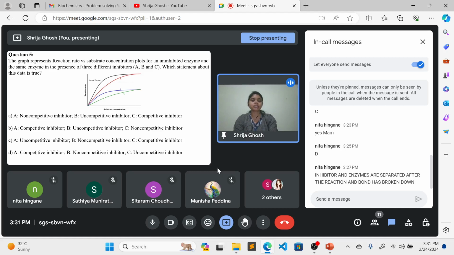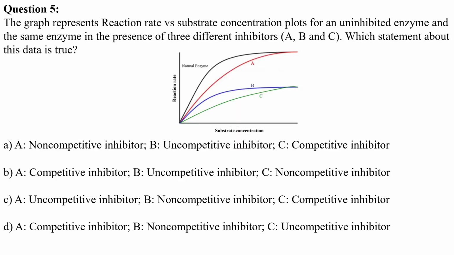So what is the correct answer? Anybody knows the correct answer? The correct answer is option D, where A is competitive, B is non-competitive, and C is uncompetitive.